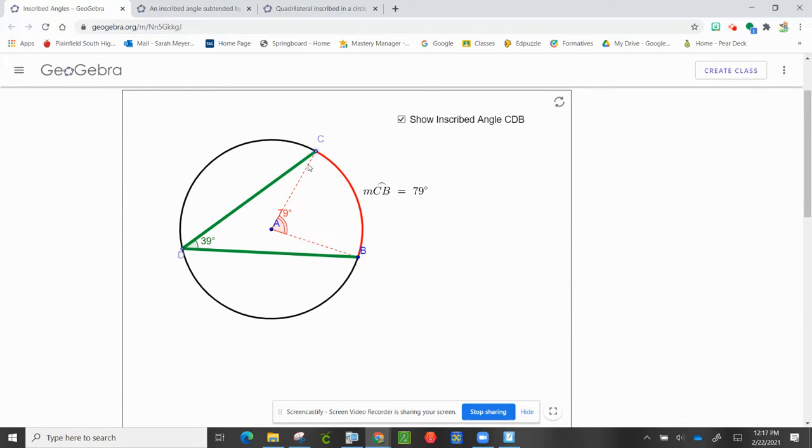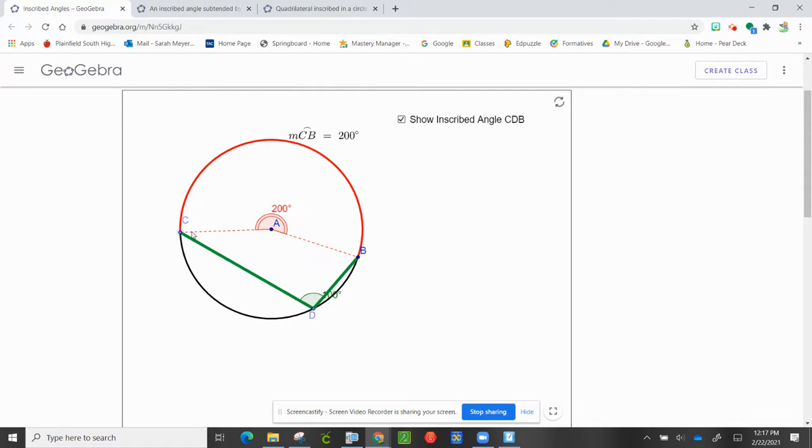Let's say I make it 40. Okay, 42. Look at the arc, 84. Let's move this around even more. Maybe make it pretty big. Now this is kind of hard to see, but we have a 100-degree angle and a 200-degree arc. So what kind of relationship are you noticing between an inscribed angle and the arc that it opens up onto?